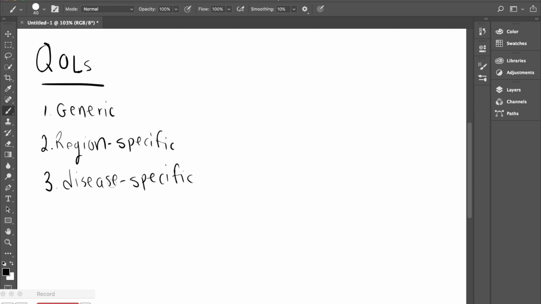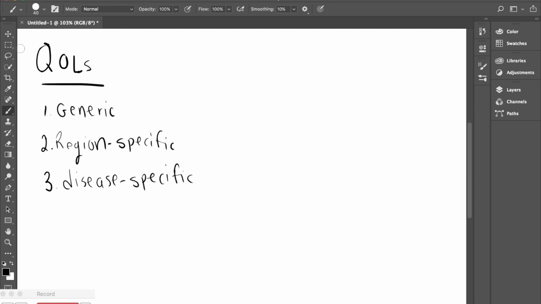The reason why these are more sensitive to change than number 2 or number 1 is because they're a lot more specific. They're probing just for one type of disease, so you can essentially delve into the disease a lot more. So they're a lot more sensitive to change, but they're disadvantageous compared to generic, for example, in that you really can't compare across diseases well because you're only looking at one form of disease.